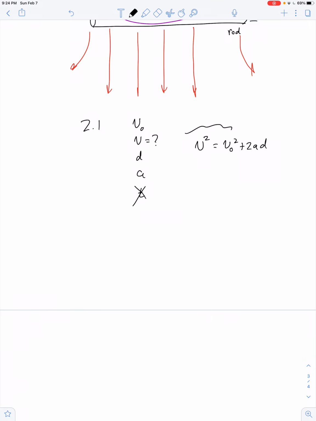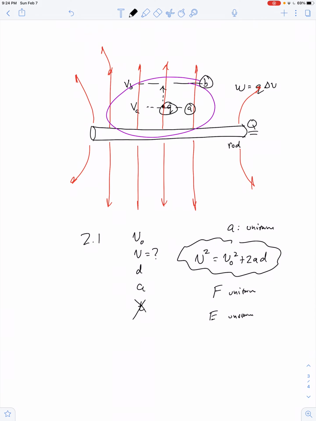Of course, this equation is one of these sort of kinematics equations that's only valid if a is uniform. And the only time that acceleration is uniform is if the force is uniform. And the only way an electrostatic force is uniform is if the electric field is uniform. But we know the electric field around a charged rod is non-uniform.